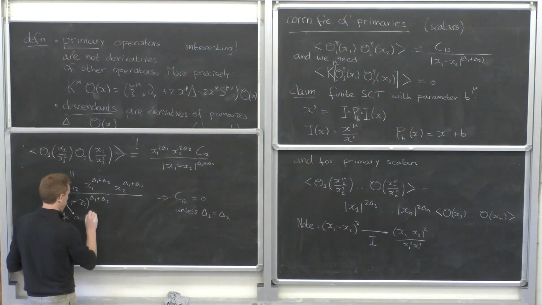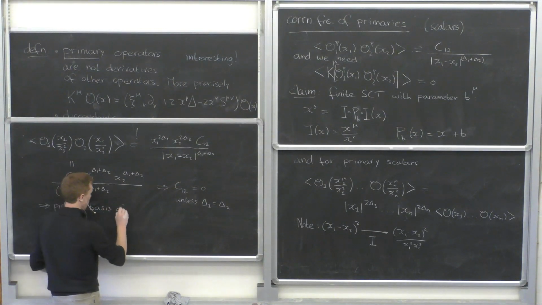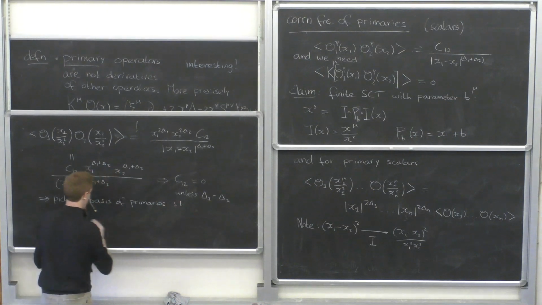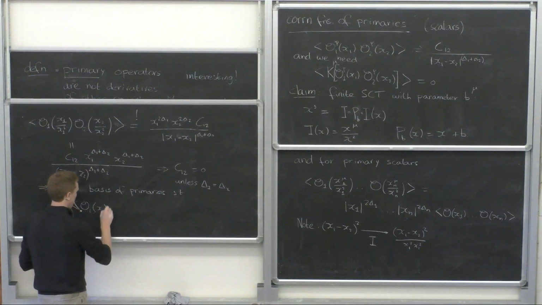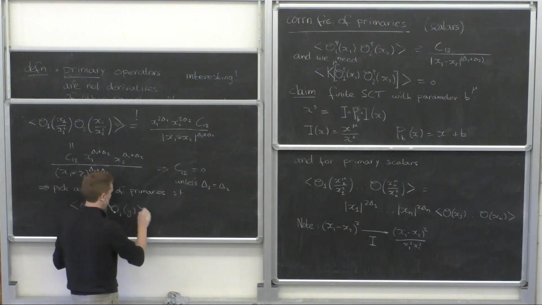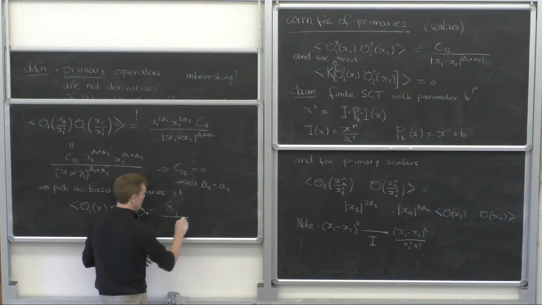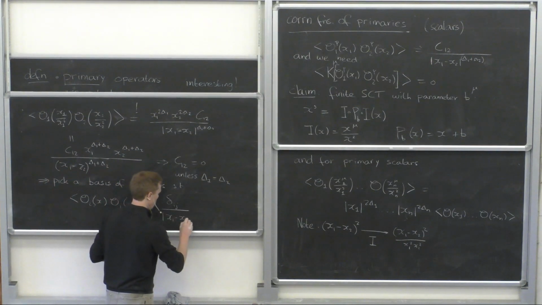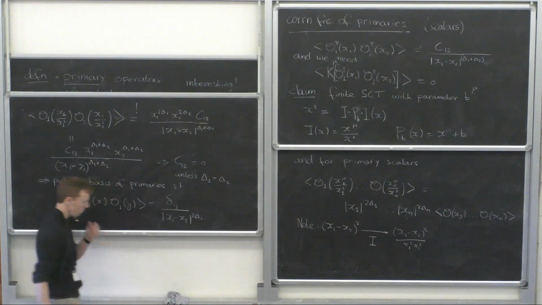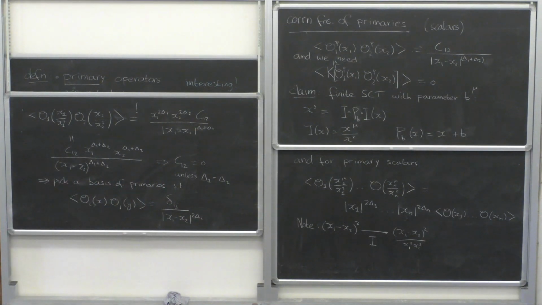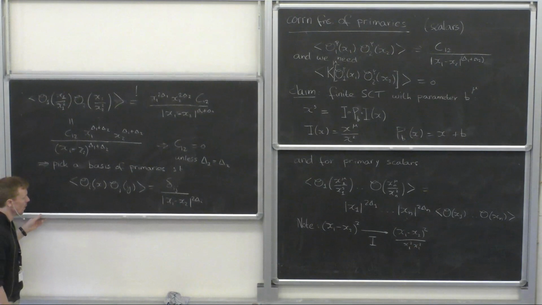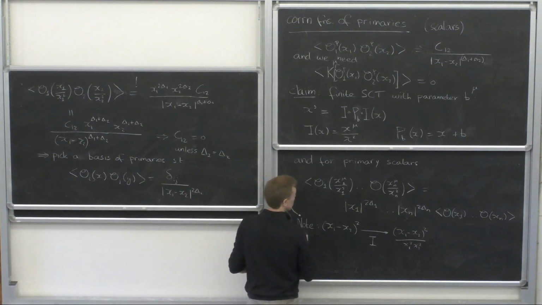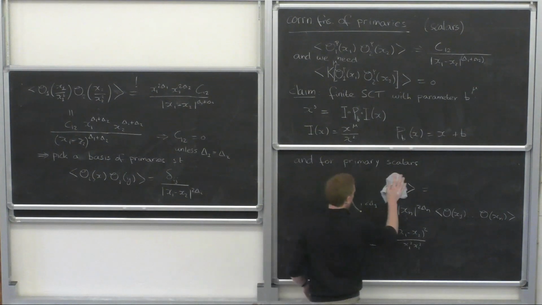Pick a basis of primaries such that OI of x, OJ of y equals delta ij. We'll just make it nice unit norm, over x1 minus x2 to the delta.